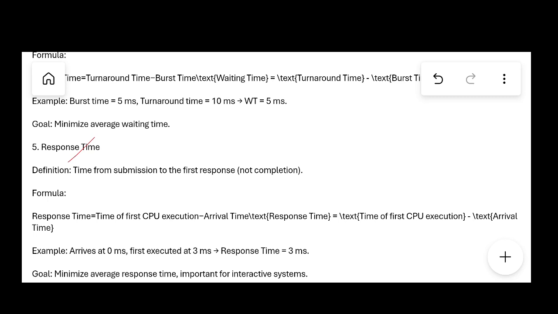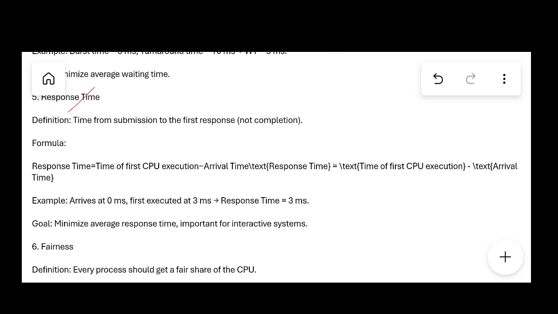The formula is response time equals time of first CPU execution minus arrival time. For example, if a process arrives at 0 milliseconds but first gets the CPU at 3 milliseconds, the response time is 3 milliseconds. The goal is to minimize response time, especially for interactive systems, so the system feels quick and responsive.